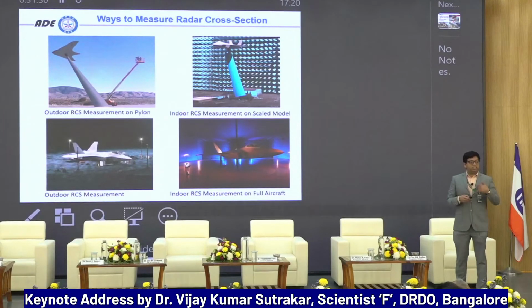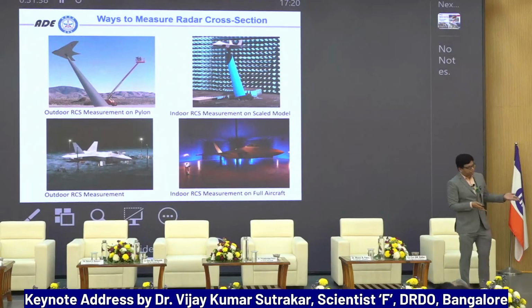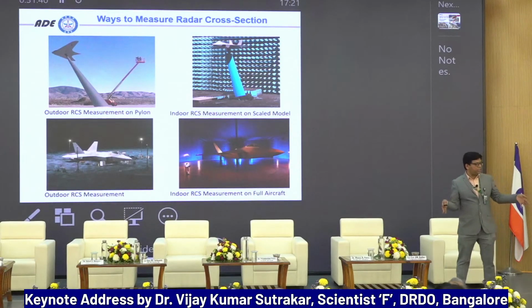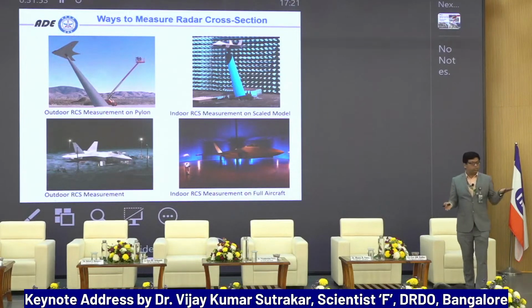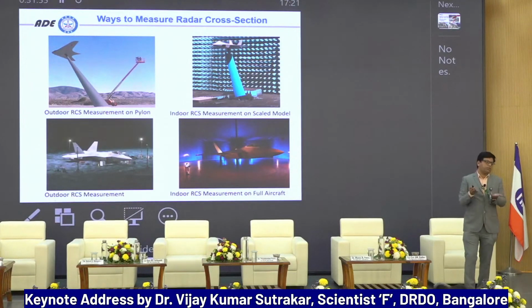Once the program has reached very advanced stages, we sometimes make a 1:1 model of the aircraft. If someone went to Aero India last year, a 1:1 model of the AMCA was shown there. Those models can then go to the test facilities and be placed either in the anechoic chamber or on the open range, or sometimes on a pylon kind of system, where we measure and check whether what we designed is matching or not, and if there is a mismatch, relook and correct the models.